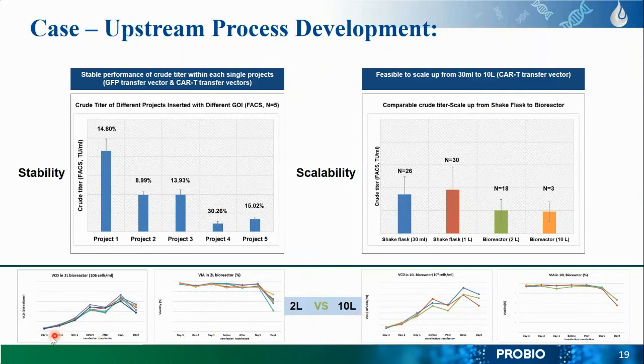Here you can see the trend is almost similar when it comes to 2 liters and 10 liters, which you only get when you are doing many experiments and optimizing. So, for example, when it comes to 30 ml, 26 experiments were done. When it comes to 1 liter, 30 experiments were done. And then only we understand that this is very stable and we are getting good results.